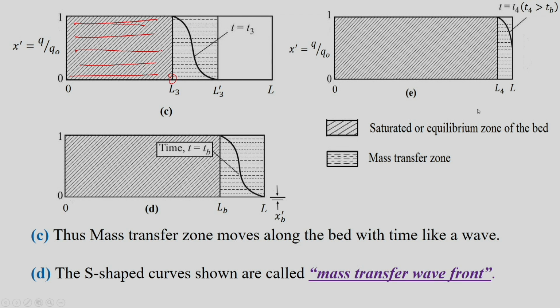This is the third situation and the fourth situation. One point will be there when time t is equal to t b, where the bed part can adsorb the entire solute present in the feed.